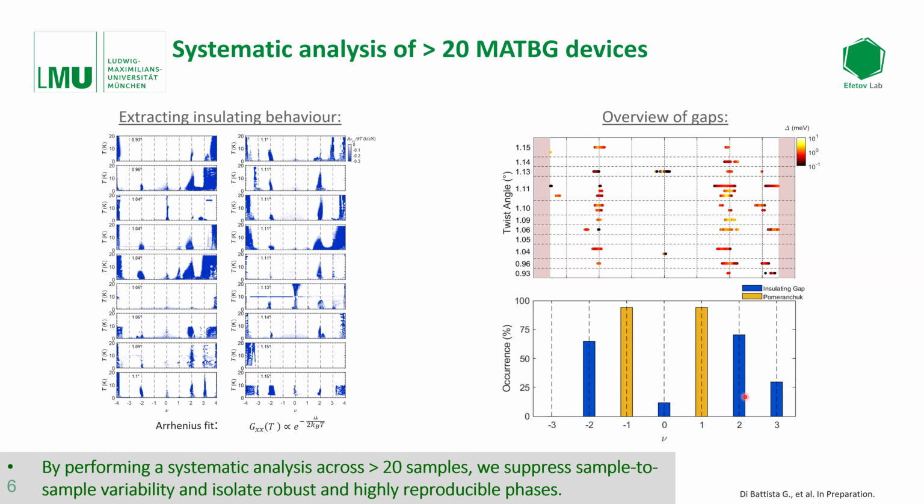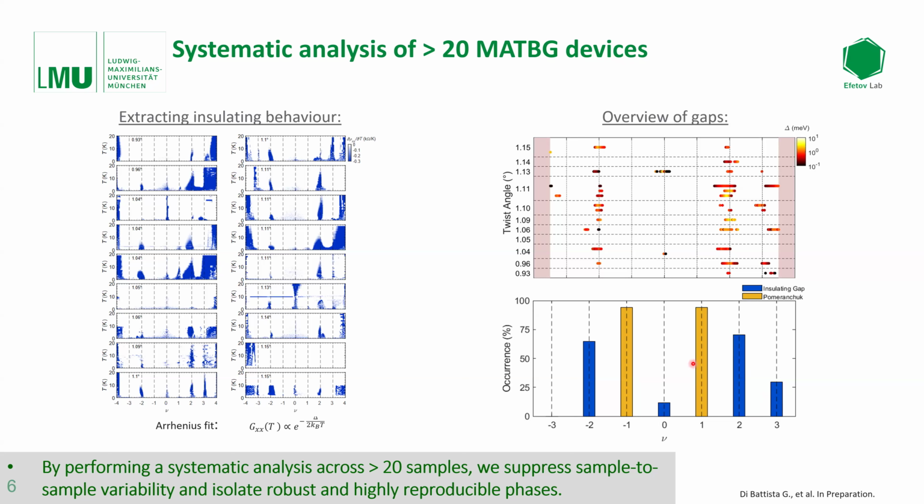The gaps that are most recurring are the gaps at plus and minus 2. These gaps are present in 3/4, so 75% of the devices. So they're extremely robust. We observe them in most of our devices. Then the filling factor 3 gap is also quite often there.